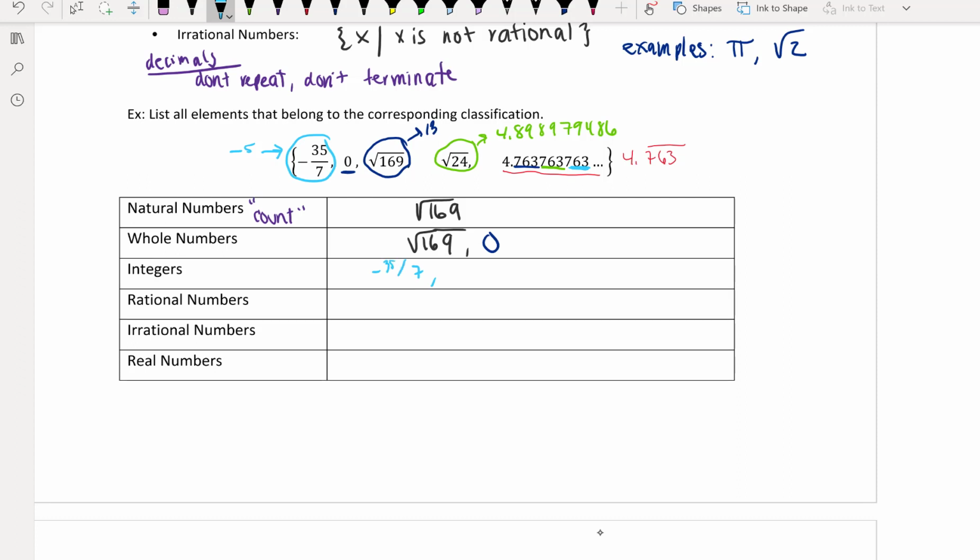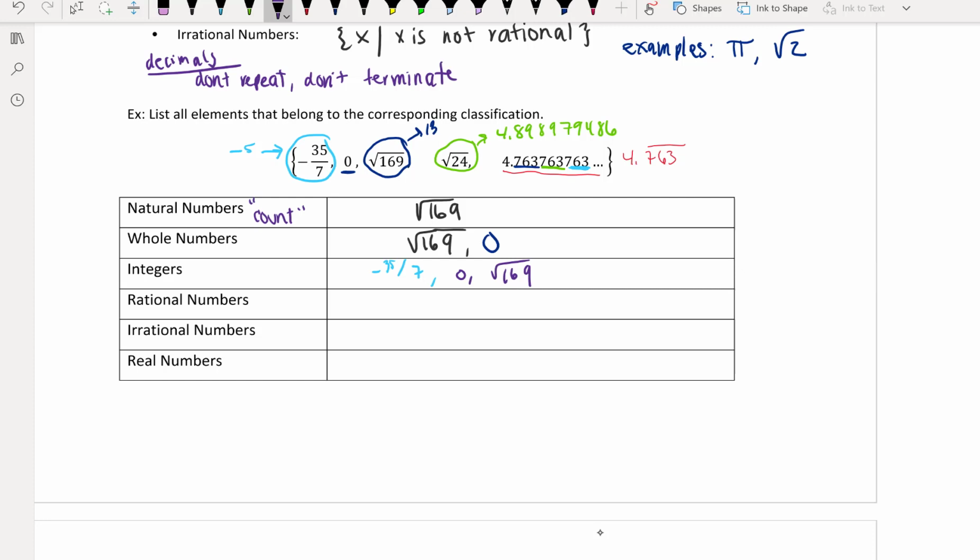So -35/7 will definitely be in there. 0 is also an integer. I have the square root of 169, which is really 13, as an integer. This decimal, that's not an integer, and the other one is a decimal as well, so not an integer. Okay, so I have 3 things as my integers.